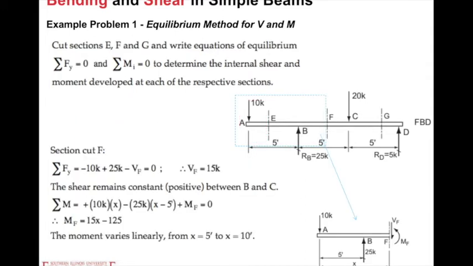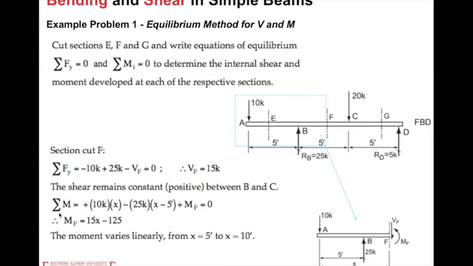Then we jump to the next one. We have a cut F. We look at F, the left side is AF and the right side is FD. We look at AF. Then we list the equilibrium equation for Fy: VF equal to 15K.